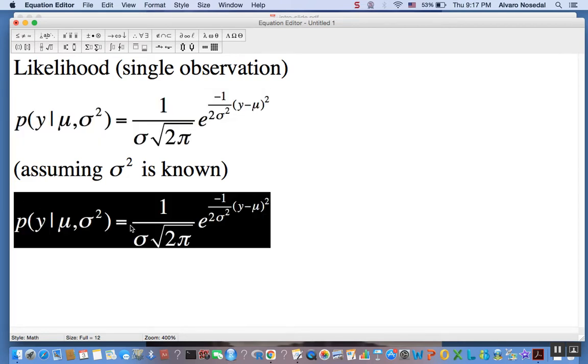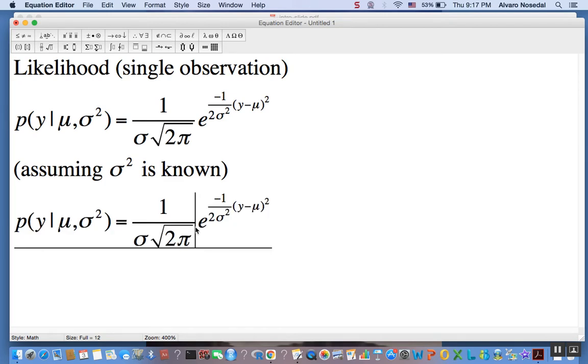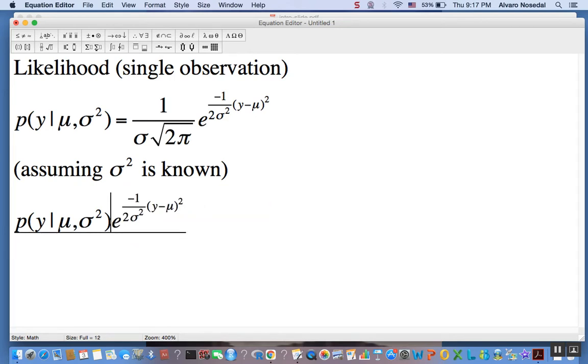The likelihood will be proportional to, note that that normalizing constant could be absorbed by the proportionality symbol, and then the only unknown parameter is mu. Okay, so this will be the likelihood that we're going to be dealing with.